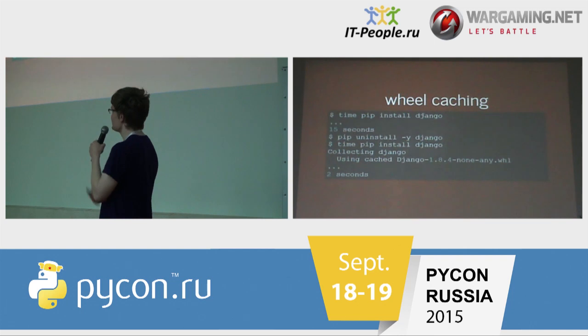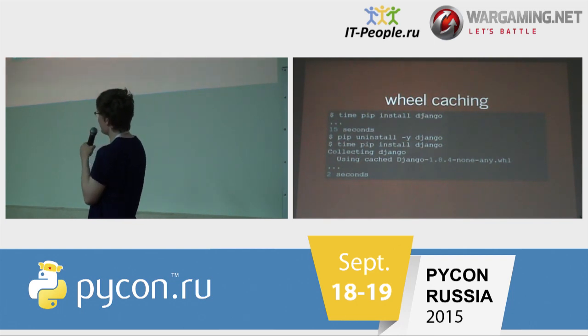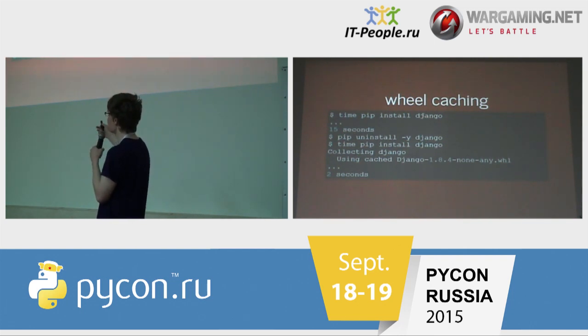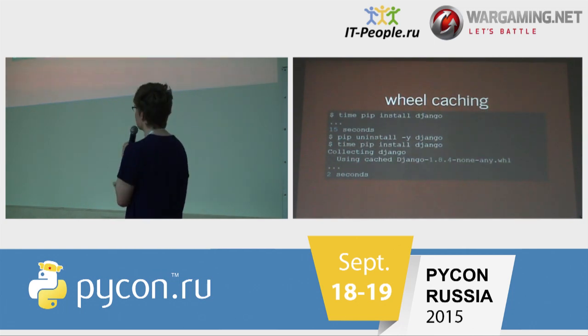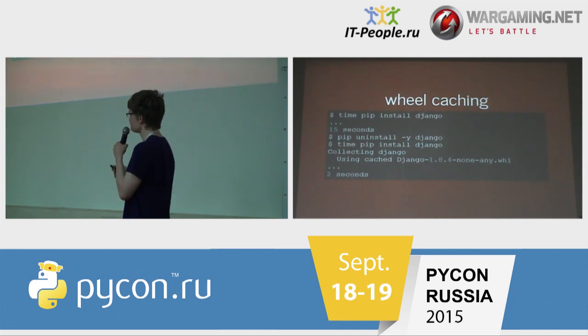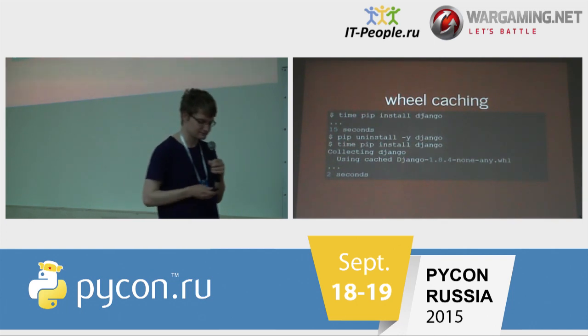But then if I remove Django and then I install Django again, pip will use the cached wheel of Django, which it downloaded before, and that makes the installation 7 times faster.